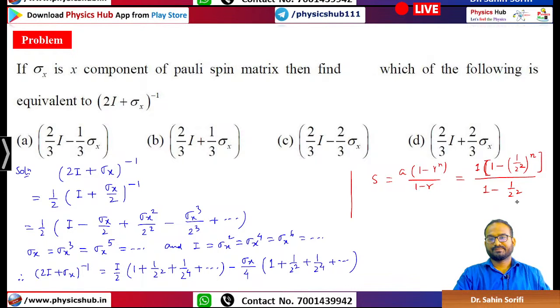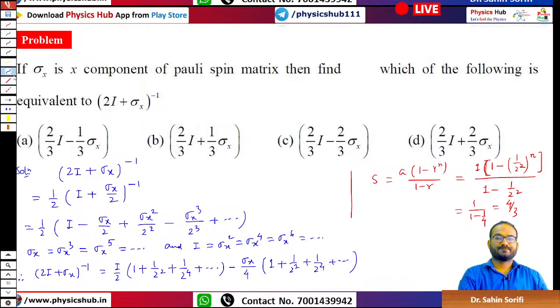So what are you getting? Look, it has infinite terms. So the term (1 by 2 square) to the power n is vanishing because n is tending to infinity, and 1 by infinity is 0. So you are left with 1 by (1 minus 1 by 4), that is 3 by 4, so 4 by 3.